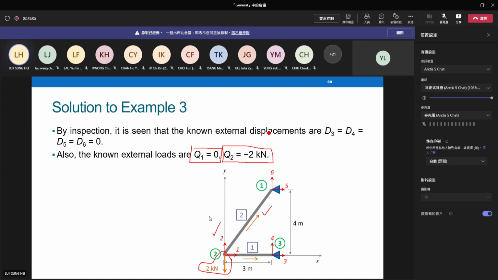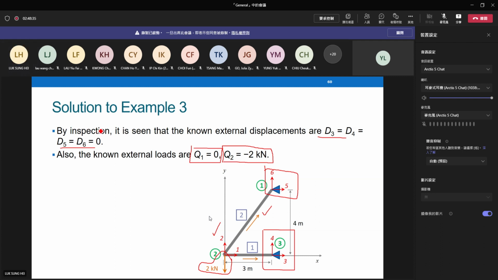And what about displacement? d5, d6 are 0 because of the pin support. d3, d4 are 0 because of the pin again. So in short, d3 to d6 are 0. Q1, Q2 are 0 and minus 2. At the beginning, after assigning your code number diagram, you can immediately put them down.